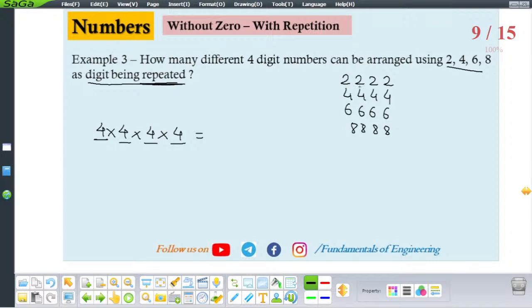So we can repeat the digits, and based on that we get the 4-digit numbers. The 4 possible choices will be there in the first, second, third and fourth positions. Based on that, we get the final answer 4 to the power 4. So what is the value of 4 to the power 4?